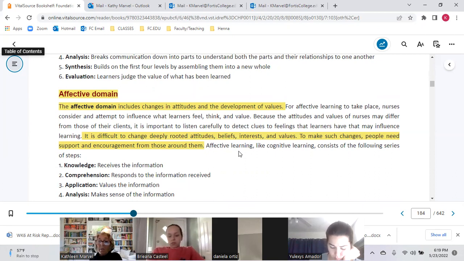To make such changes, people need encouragement to change. Does anybody know a person that falls into this right here? I do. I know several of them in my circle that it's really hard to change deeply rooted attitudes and beliefs. Would you agree?